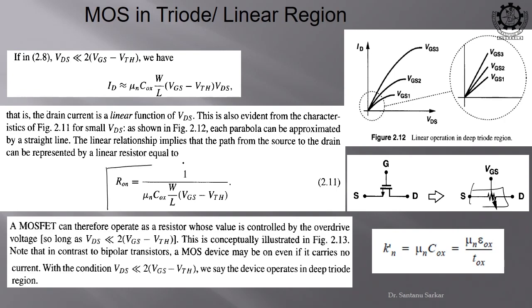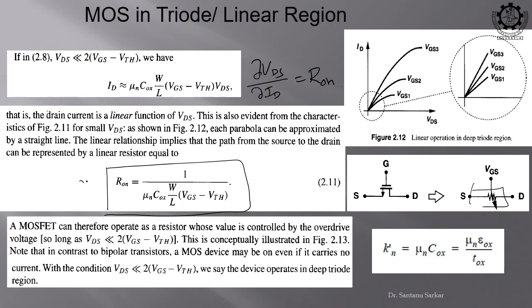And this is our expression for the linear resistance. Okay. So, in this expression, if we try to find delta VDS by delta ID, we will get R on. Okay. So, you do not need to memorize this, just the single expression for ID, from that you can calculate what R on is.